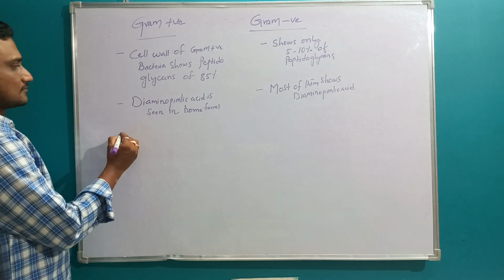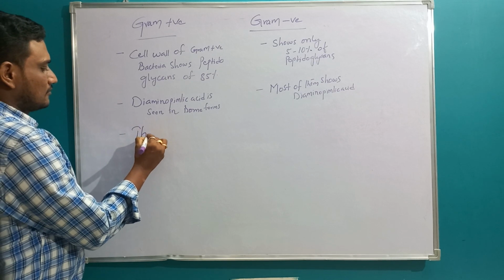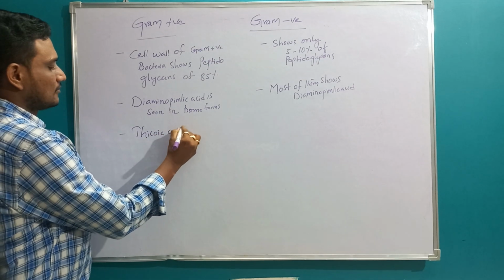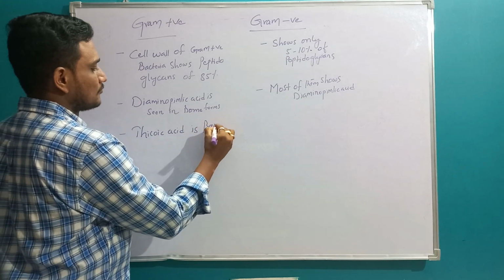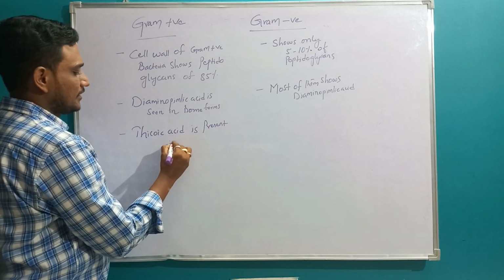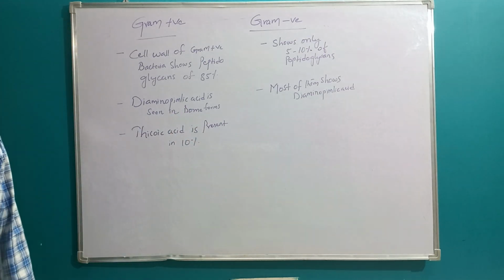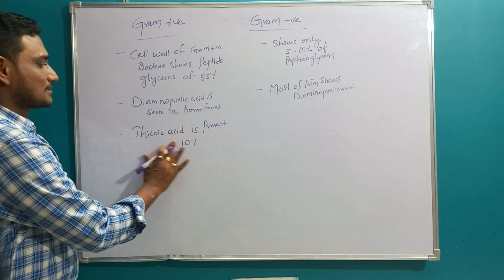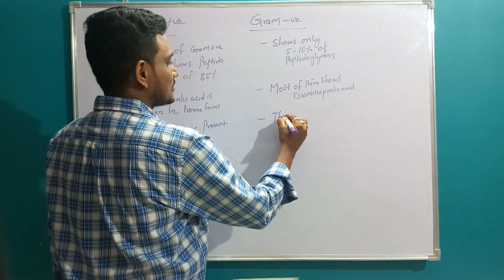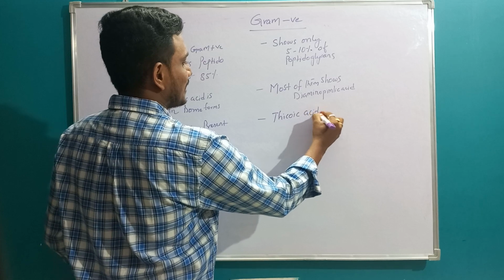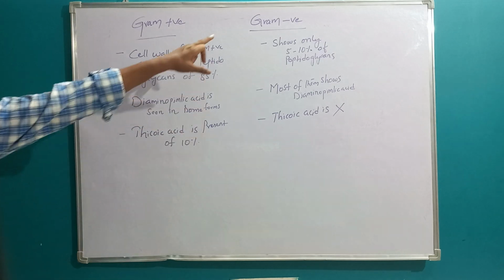Next, the third difference is teichoic acid. Teichoic acid is present in gram positive, whereas teichoic acid is absent in gram negative.